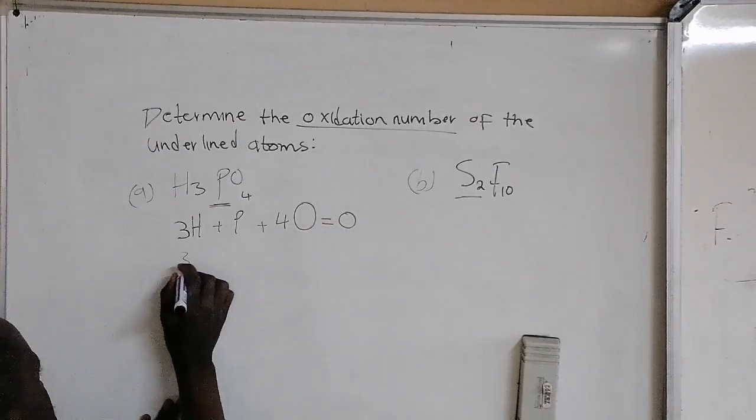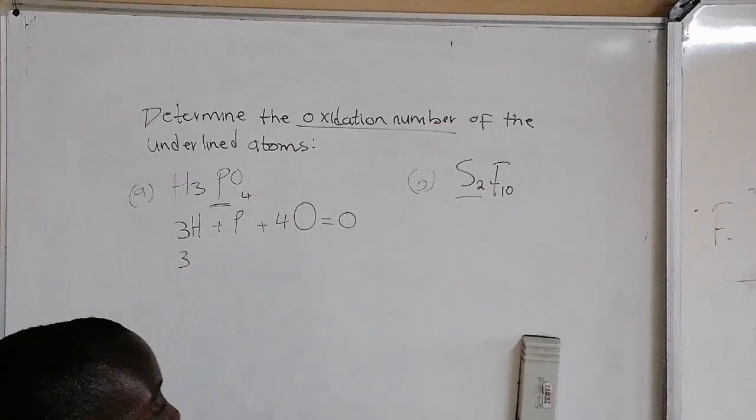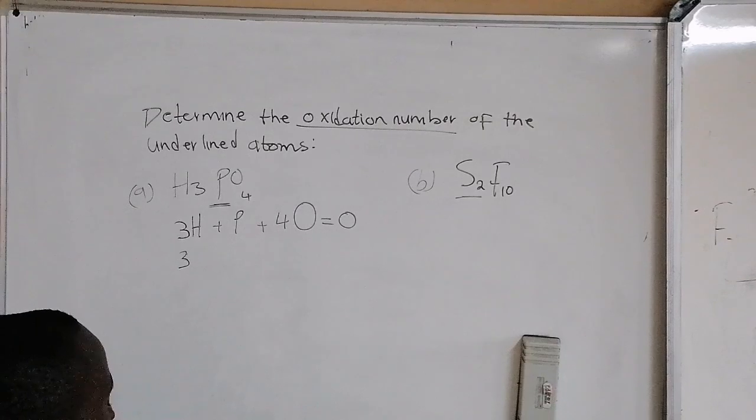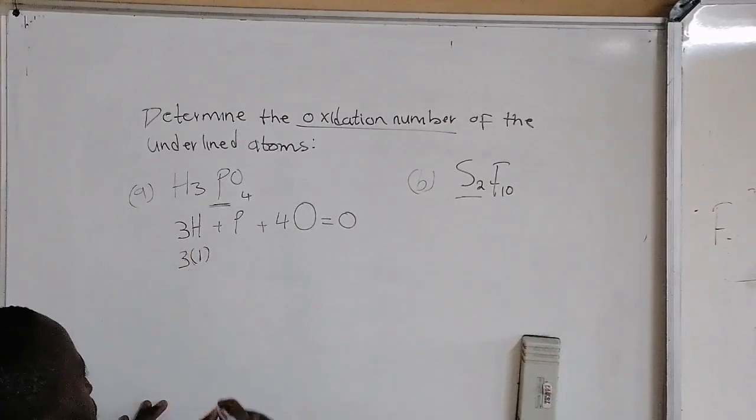Therefore we say 3. We know that group 1 elements have the oxidation number of positive 1 only if hydrogen is combined with other elements.